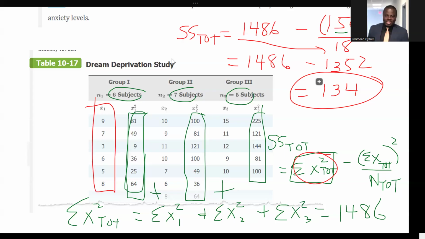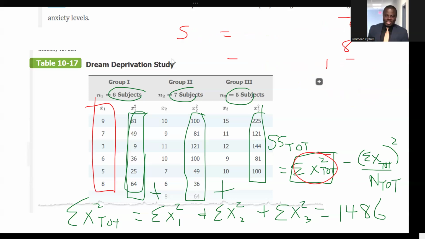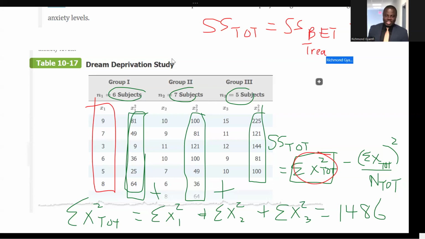So my sum of squares total, which is 134, is equal to sum of squares between the groups plus sum of squares within the groups. And remember, this is treatment. And in the table, you're going to see that. And this is error, like that.